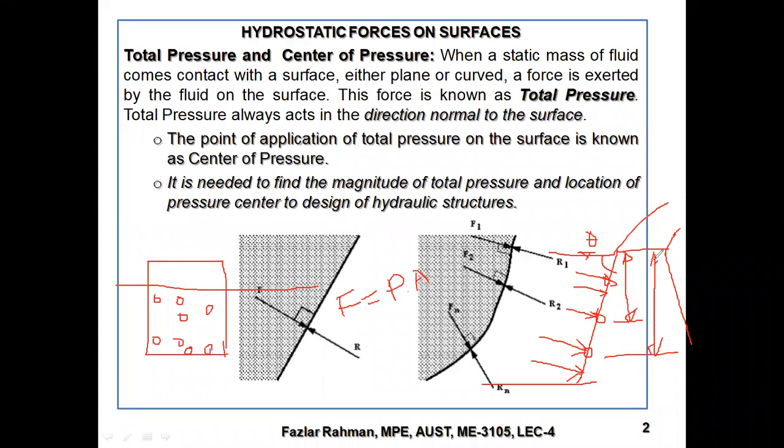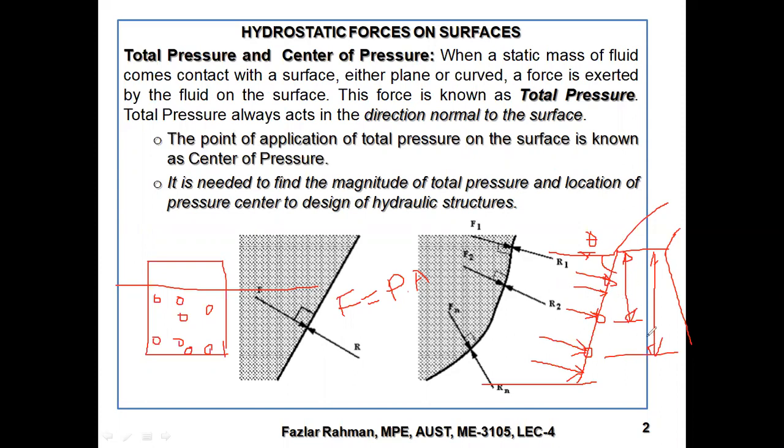Now, how then do you figure out the force? You have one option: you can take the average and multiply. That is an option, but it will not be appropriate if you take the average. The other thing is the resultant force, because at every point force is working.